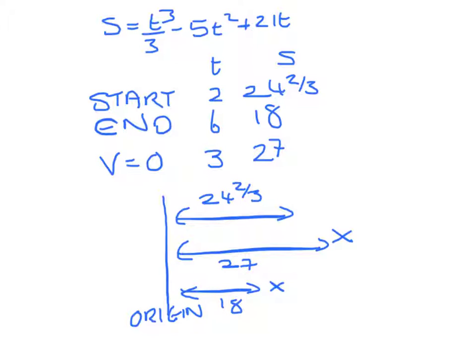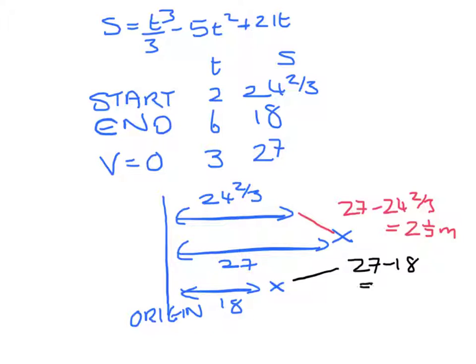So in the first leg of motion, the particle has travelled 27 minus 24 2/3, 2 1/3 metres. And in the second part of the motion, it has travelled from 27 metres to 18, so it has travelled a total of 9 metres.